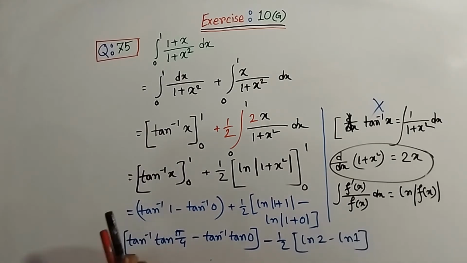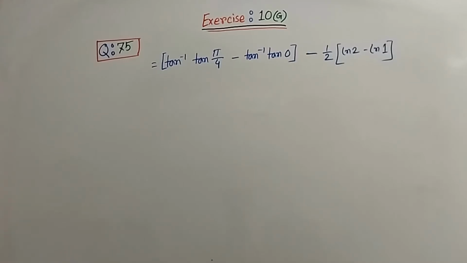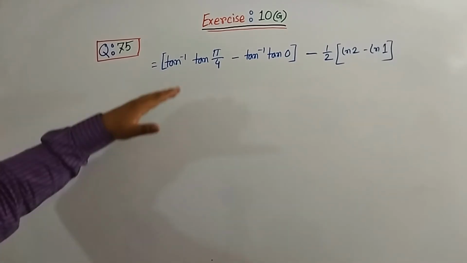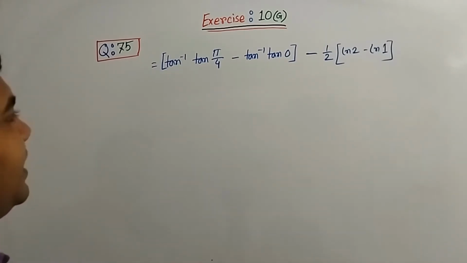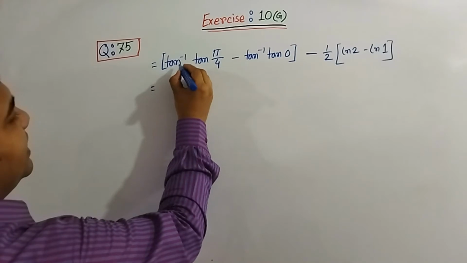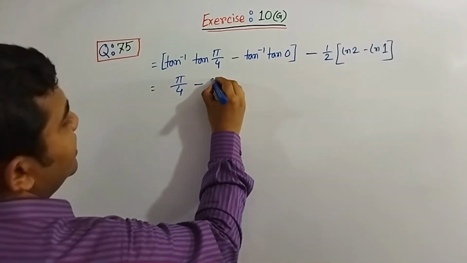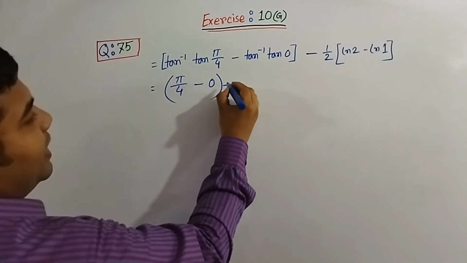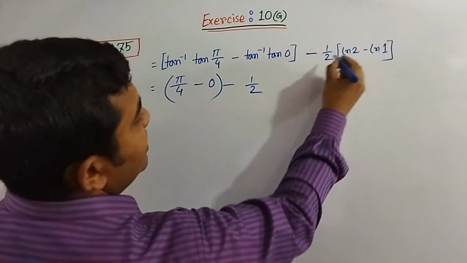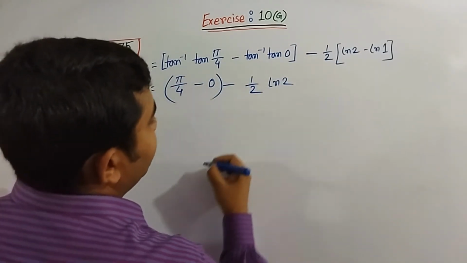So after this, what can we get? Can anyone tell me? After calculating, what can you write in here? Dear students, I have written the last line in here so that we can understand it very clearly. So tan inverse is gone, so it should be pi over 4 minus 0, and here it is half ln 2.